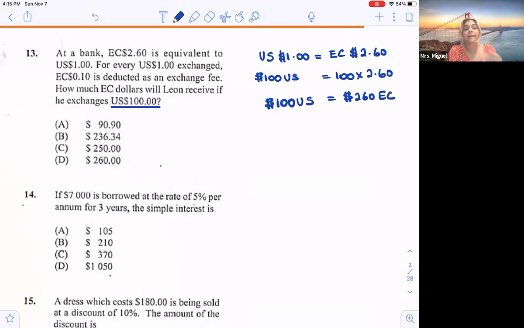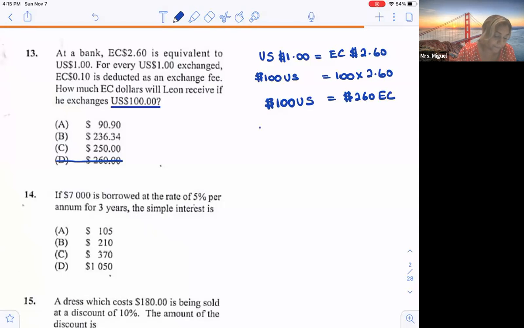But he has to pay a deduction. Leon has to pay an exchange fee. So right away, we can eliminate 260. Leon isn't going to get 260 because for every dollar US he is going to change, he has to pay 10 cents.